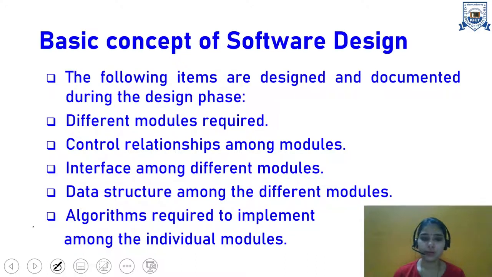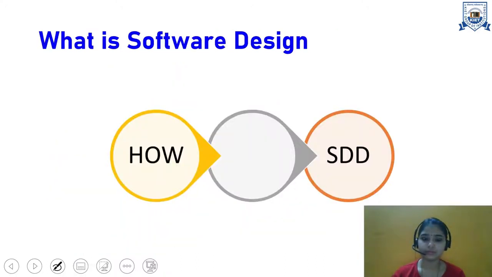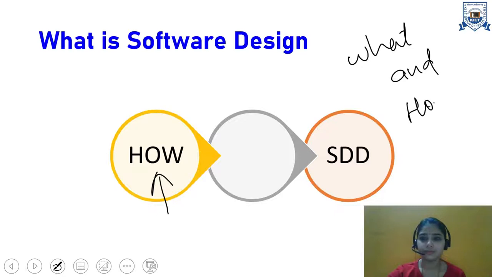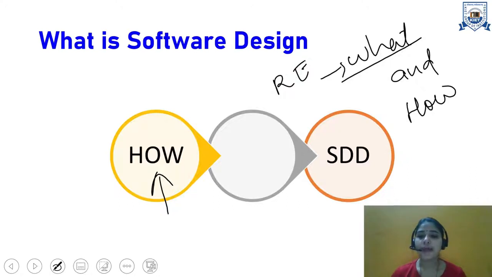I hope you are able to understand. So I have already discussed that software design means how. I am saying two questions: what and how. What is answered by requirement engineering, meaning what I have to develop.